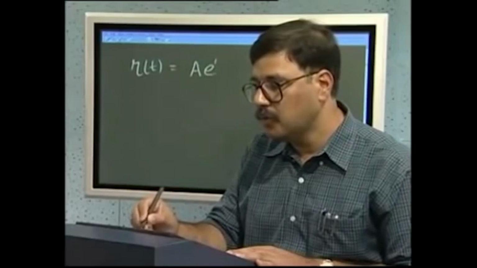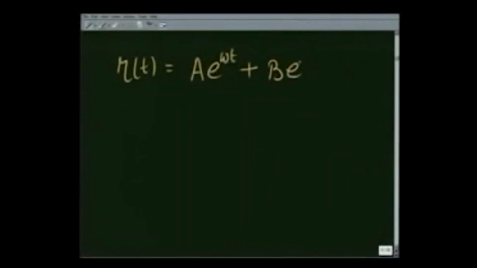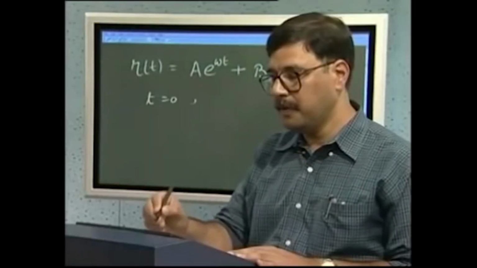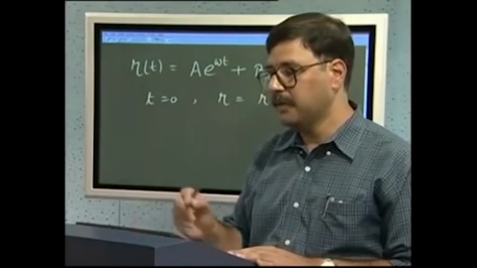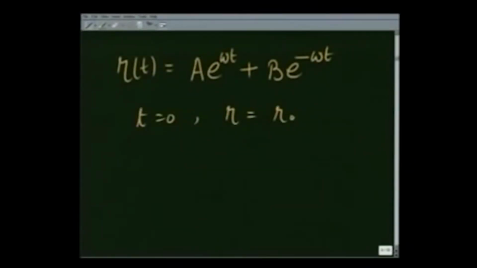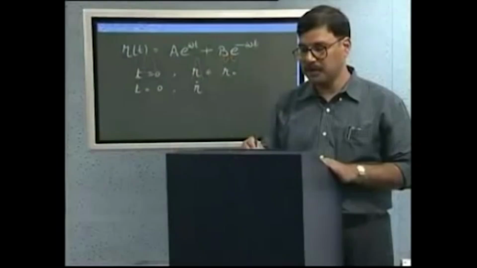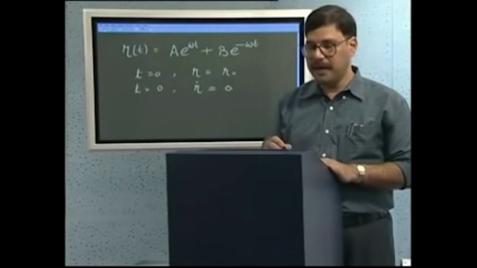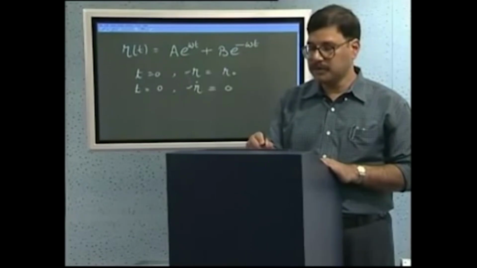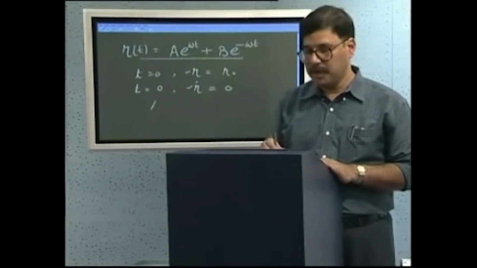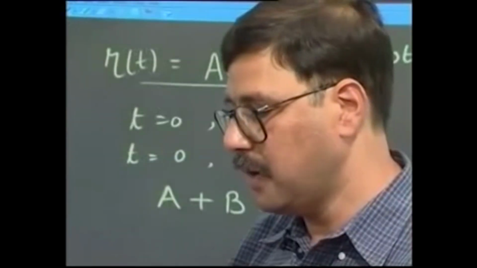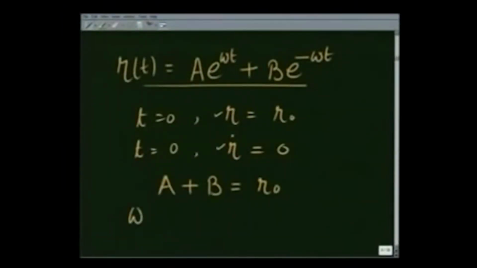So, the solution r as a function of time is a e raised to omega t plus b e raised to minus omega t, and if I am given that at t equal to 0, the particle is at some initial position r0, and suppose it was not moving in r direction, so that r dot was equal to 0, then I have, writing these quantities from this equation at t equal to 0, a plus b is equal to r0, and if I take the derivative, omega times a minus b is equal to 0.